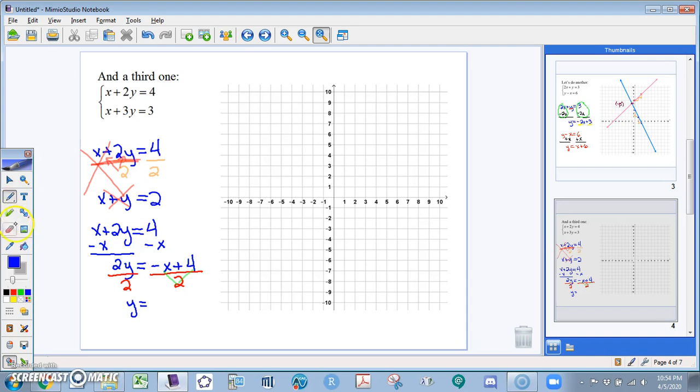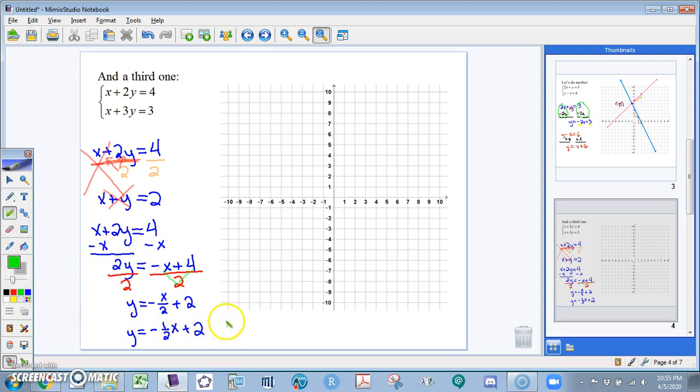But it does here with the way we have this set up. So negative x divided by 2 is negative x halves, and 4 divided by 2 is 2. And one last piece there is that you need to see that negative x halves is the same thing as negative 1/2 times x plus 2.